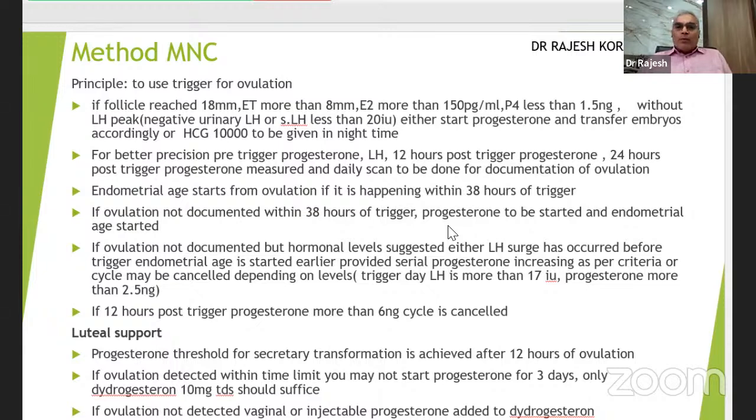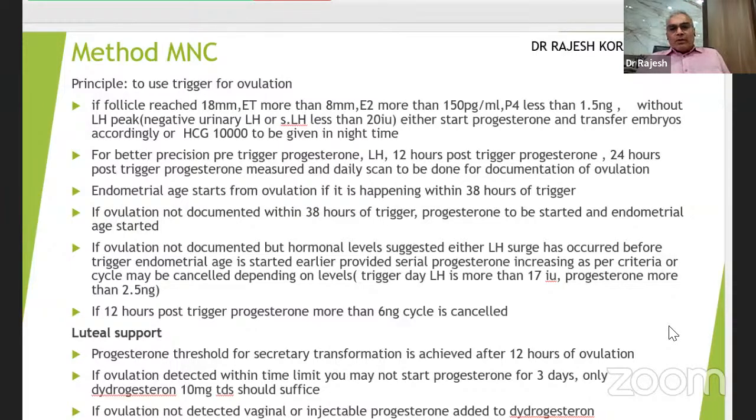If the ovulation is not documented, but the hormonal levels suggest that the LH surge has occurred before trigger, the endometrial age is started earlier, provided the serial progesterone is increasing as per the criteria, or the cycle may be cancelled depending on the levels. The trigger day LH is more than 70 international unit, progesterone more than 2.5 nanogram. If 12 hours post-trigger progesterone is more than 6 nanogram, the cycle is cancelled.